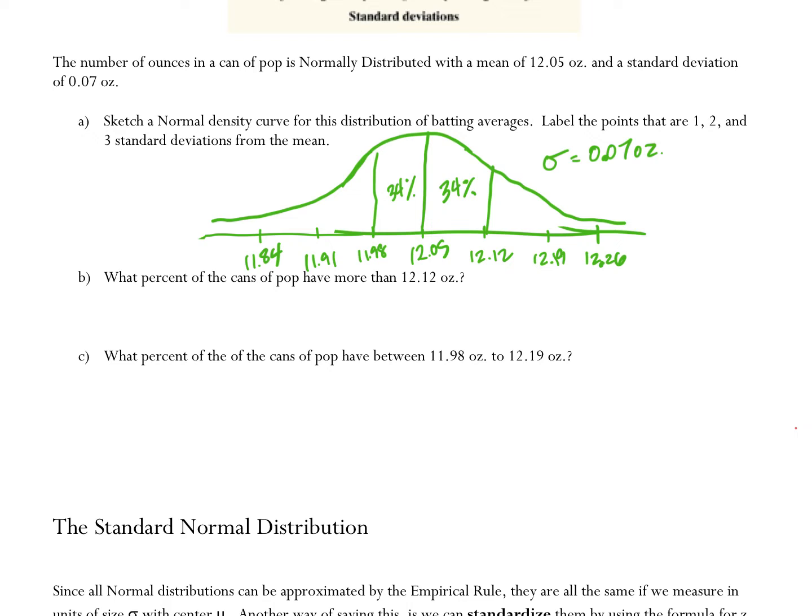What about in this section? Oh boy, that's not what I wanted to do. What about right here? What area is that, do you think? Let's think it through.